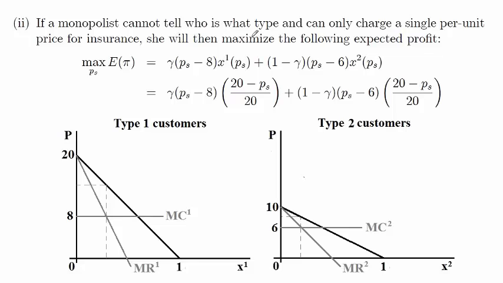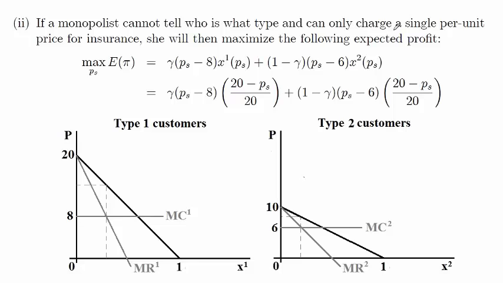That's not the necessary condition, because in second degree price discrimination sometimes the monopolist cannot tell who is what type. But the second piece of information says that she can only charge a single per unit price for insurance.